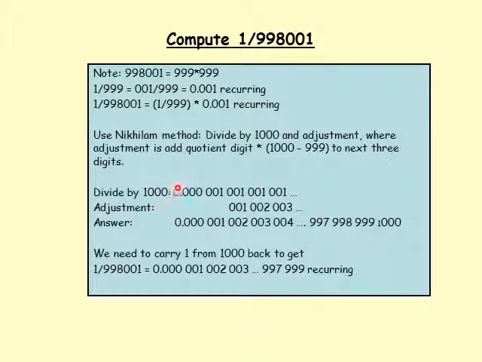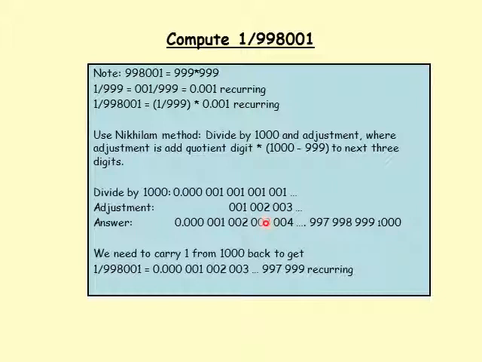For the adjustments, we bring down the dividend into the quotient line, and as soon as we get a non-zero dividend digit which I bring to the quotient line, I add 1 times the deficiency 001 to the next 3 digits. So this quotient digit becomes 2. Then we add 002 to the next 3 digits.